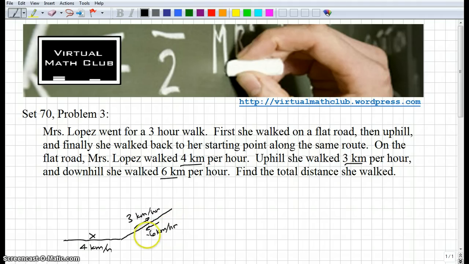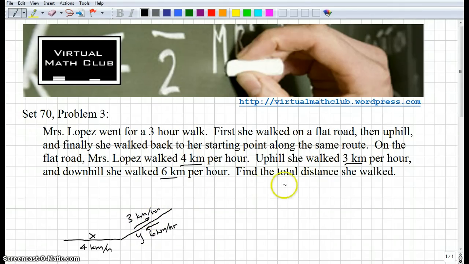Finally, she returns to the flat portion and walks 4 kilometers per hour again, and then she gets back to her starting point. I don't know the uphill distance either, so I'll call it y. Y will be the distance that she goes uphill.